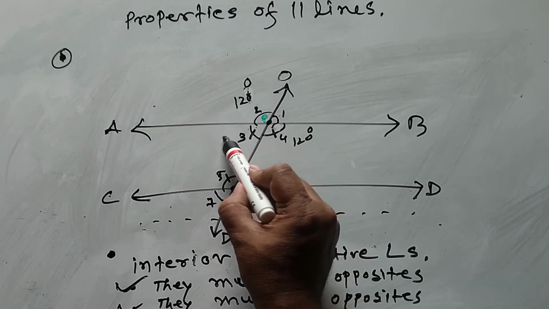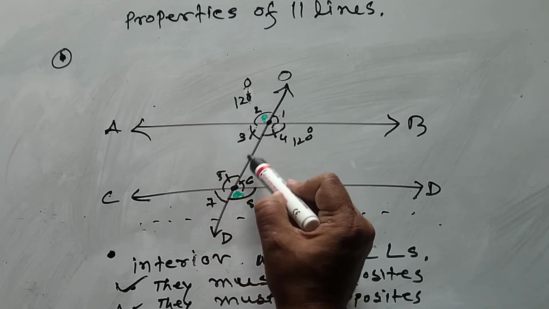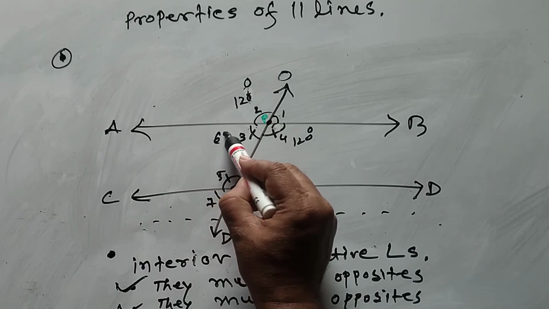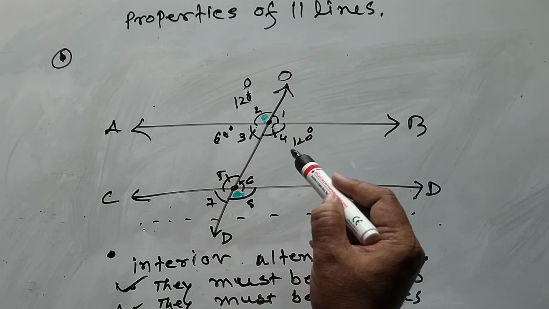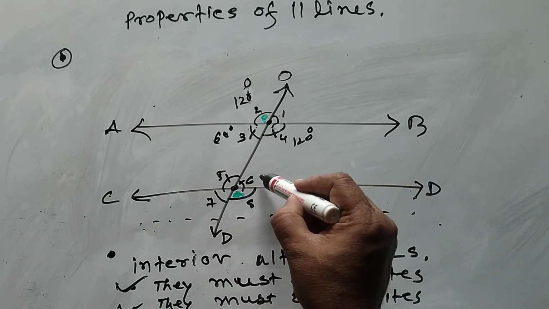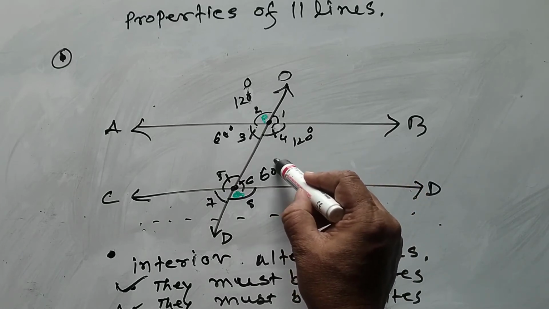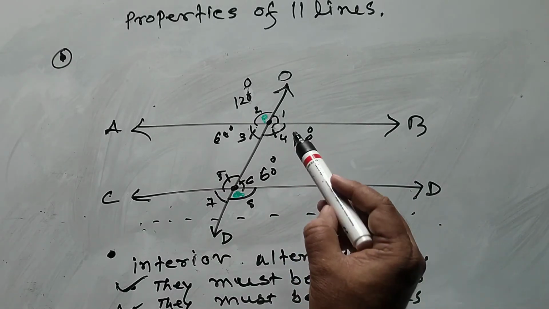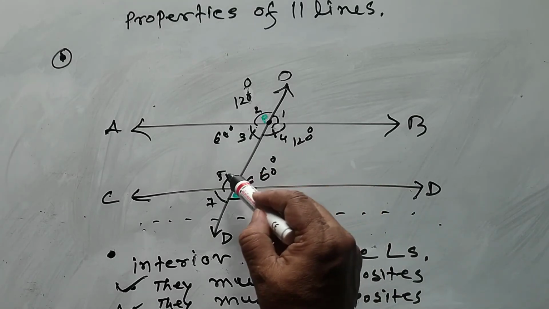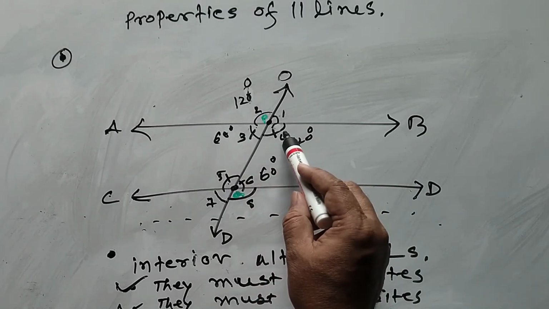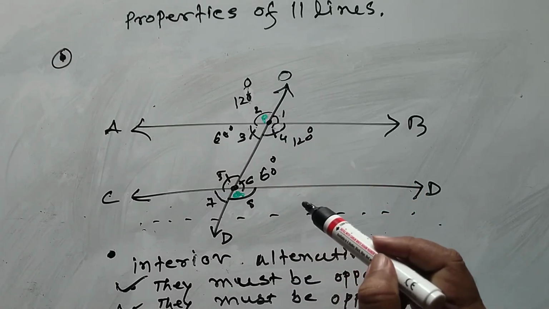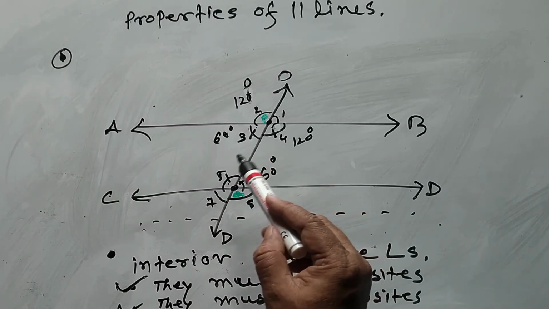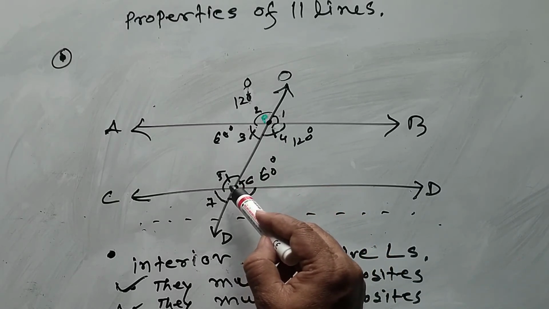If the angle 3 is say 60 degrees, so angle 6 is also 60 degrees. Okay. Similarly, angle 4 and angle 5 are alternate interior angles, and they are also equal.